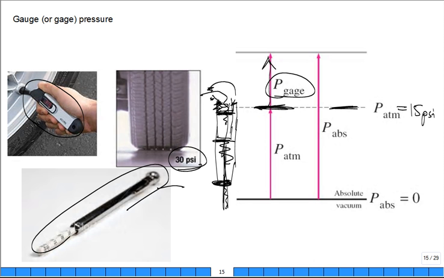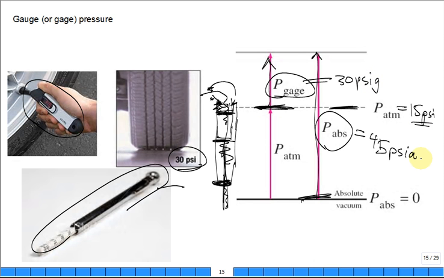The absolute pressure of the tire with respect to vacuum. It's 30 plus 15, around 45 psia. True? So 30 psi gauge plus 15 psi for the atmospheric pressure gives you the 45.